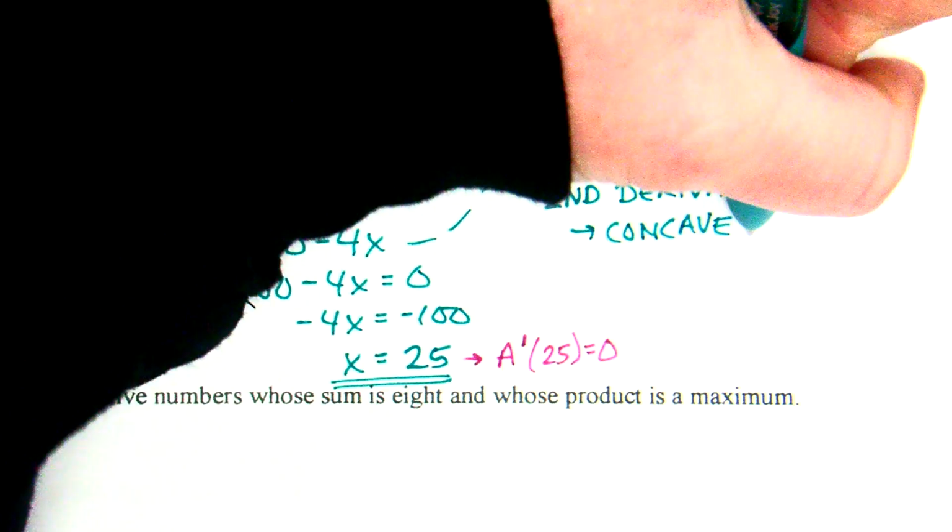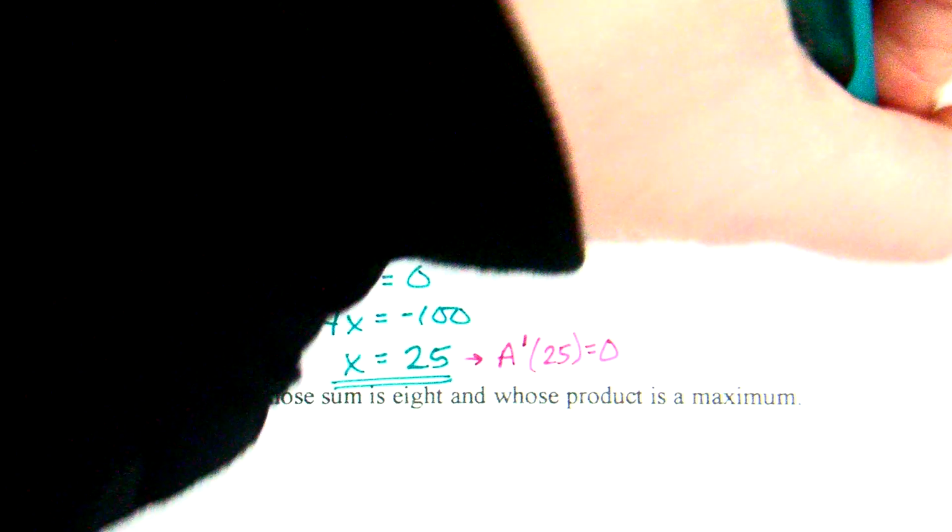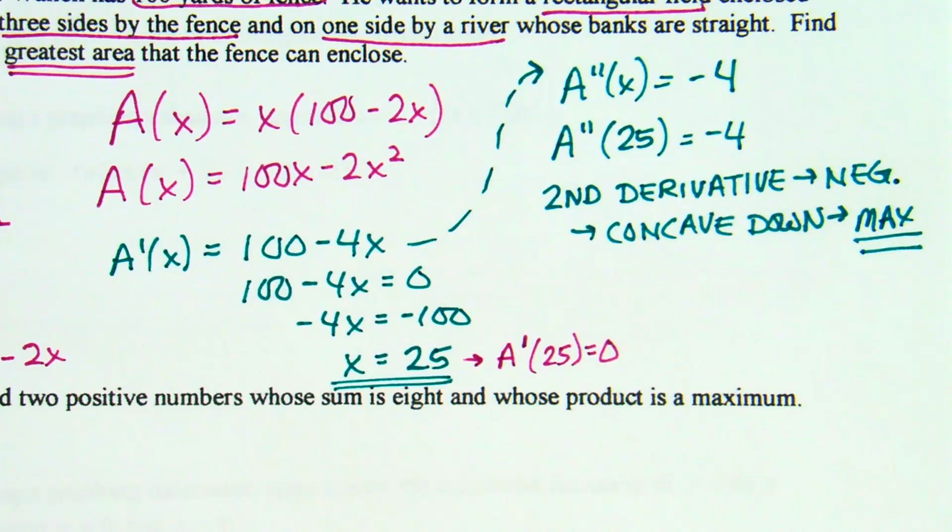If something is concave down, does that give you a min or a max? Concave down is going to mean a max. So that's using the second derivative test by mentioning that that second derivative is negative at the critical value.